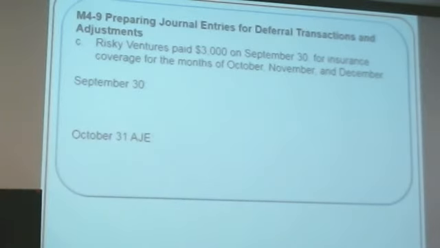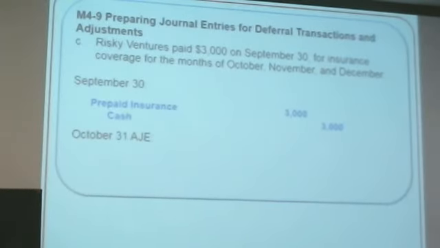Feel more confident? Okay, this one is just like the first one, but instead of rent, it's now insurance. So you would have prepaid insurance. Cash went out the door, so we're crediting cash. And then we now have this benefit that we've paid for that we're not going to use until the next 3 months.